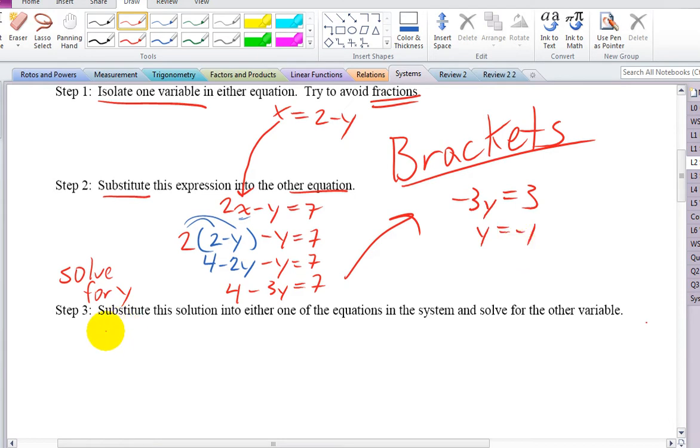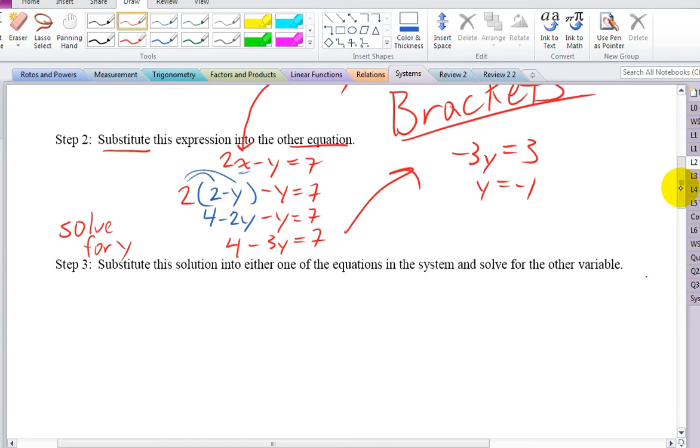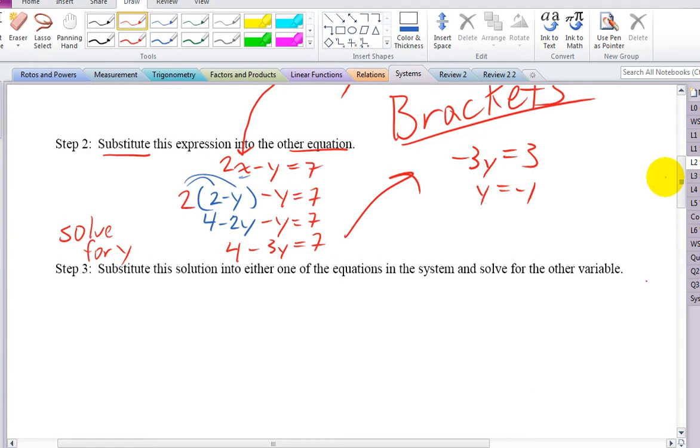Then what we're going to do, now there's a few things, there's options after this. You can go simple, you can go crazy. I'm going to go simple first and show you some crazy stuff after. You want to substitute the solution into either one of the equations. And I'll show you both answers. So 2x minus y equals 7. You can put it into this equation.